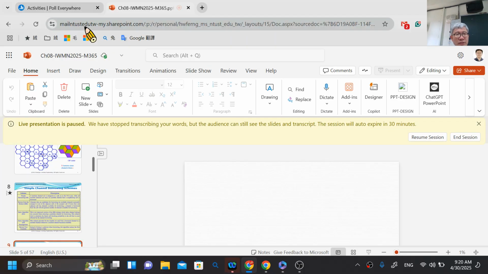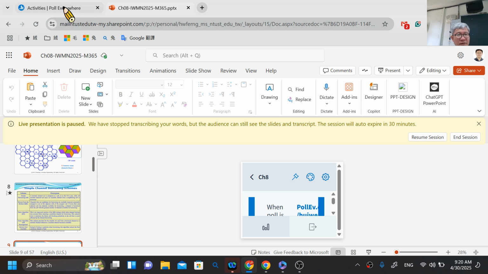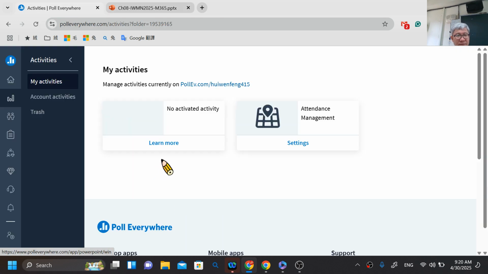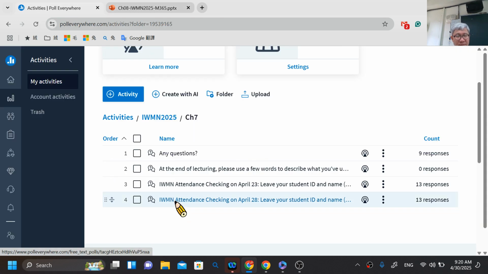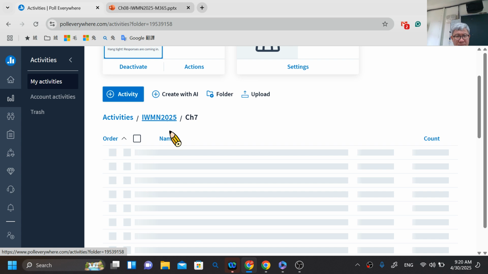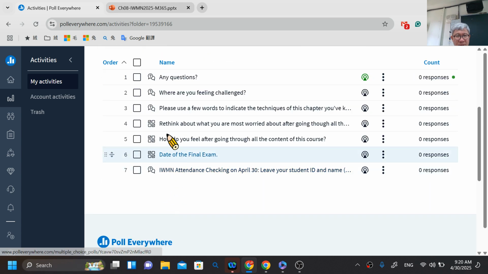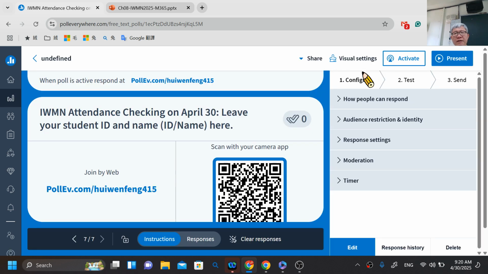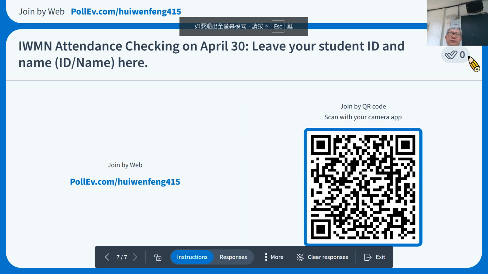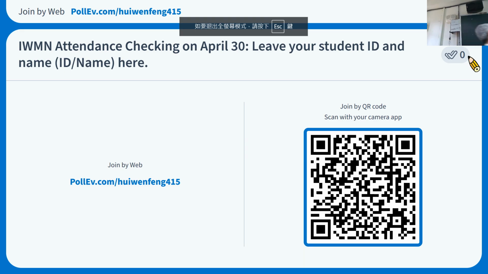So let me have this activity first. Actually, this one, we have antenna checking now. This time I use it for arbitrary interaction. So you can scan the QR code.